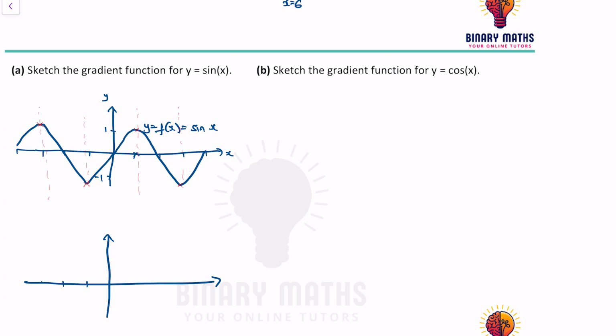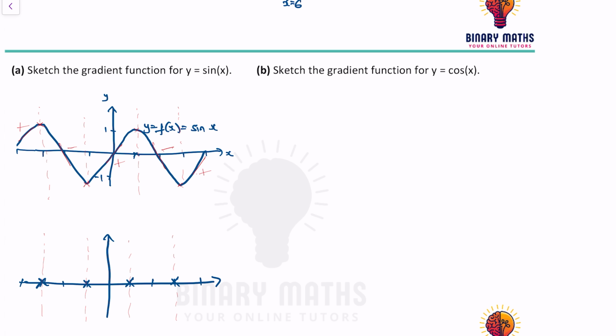If I label it from 90 to intervals of 90 up to 360, that means it will cross the x-axis at minus 270, minus 90, 90, and 270. So I draw this line to help me out later on. Okay, and if I look at the gradients, it's positive here, negative here, positive, negative, and then positive.